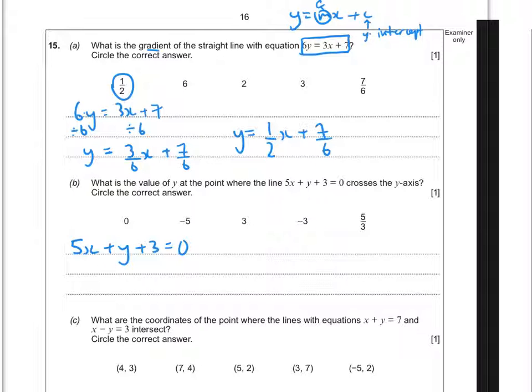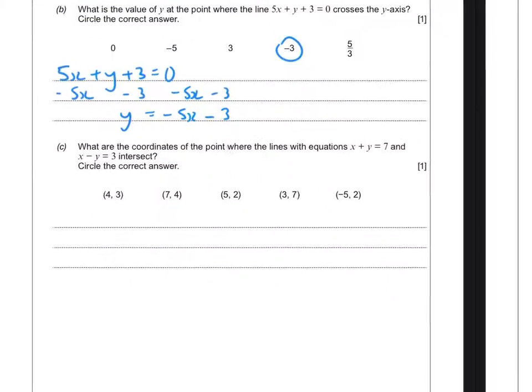I want to get the y by itself, so I'm going to take away 5x from this side and take away 5x from that side. And I'm also going to take away 3 and take away 3. So that would leave me with y equals minus 5x minus 3. And as I've pointed out up here, the number by itself on the end tells me where it crosses the y-axis, so we're crossing at minus 3.